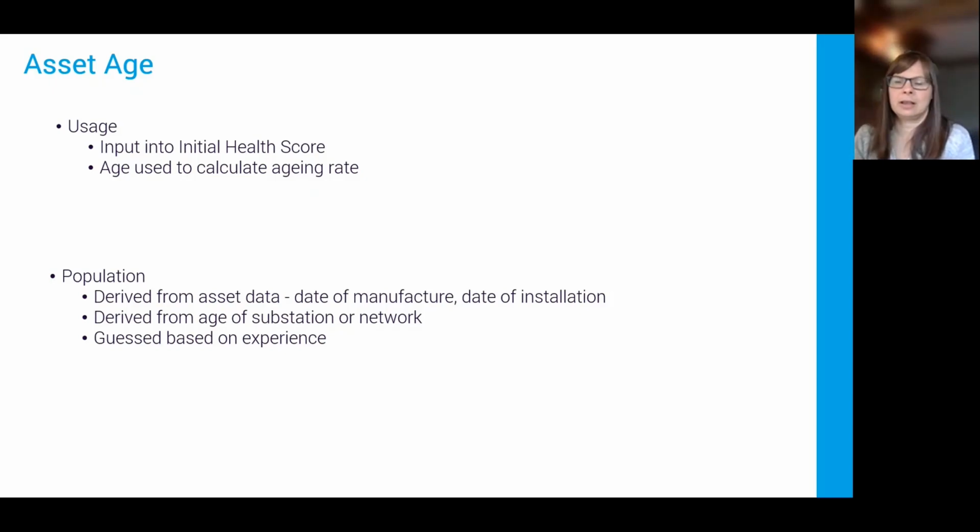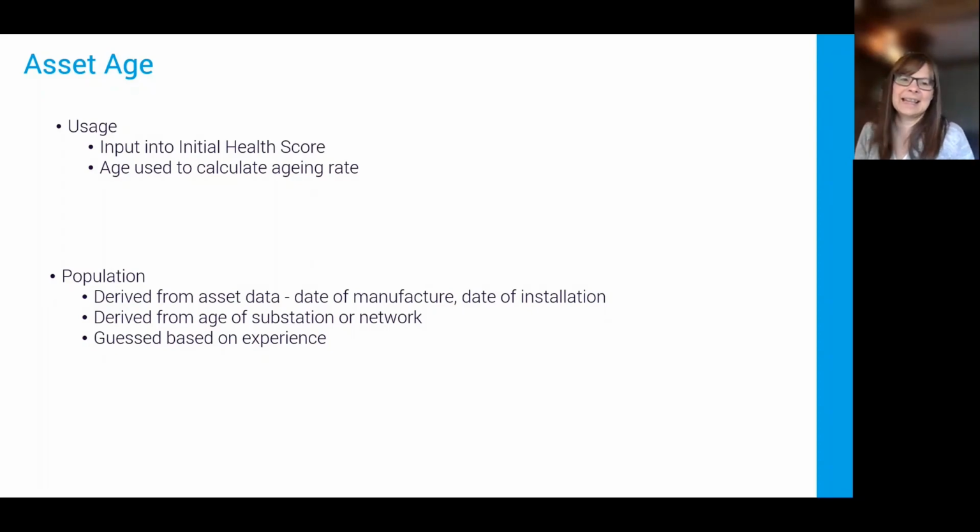In terms of population of that data, it's clearly ideal if you know something directly related to that asset. So the date of manufacture, the date of installation, those dates are all used. It might be a combination of those dates depending on what you've got populated. If you haven't got that information, customers of ours have used things like the age of the substation or the age of the circuit, and if that's not available, then sometimes we've guessed dates for particular assets, so approximate vintages.